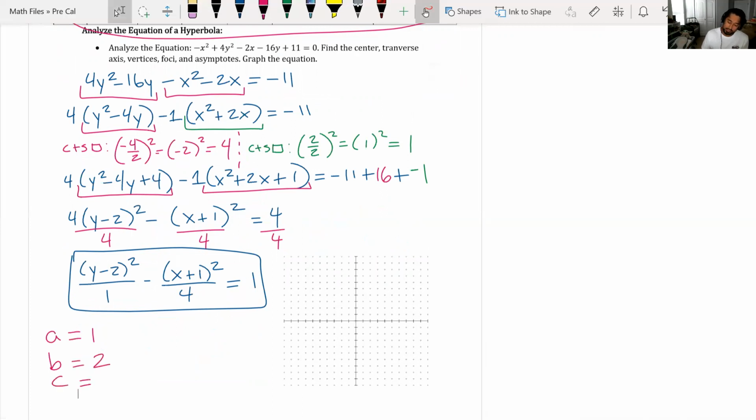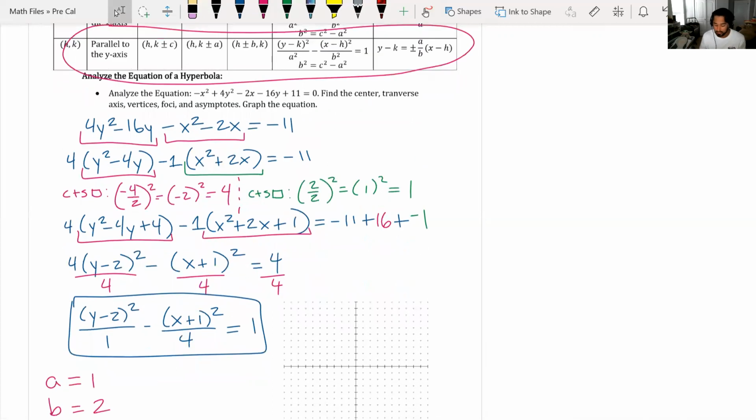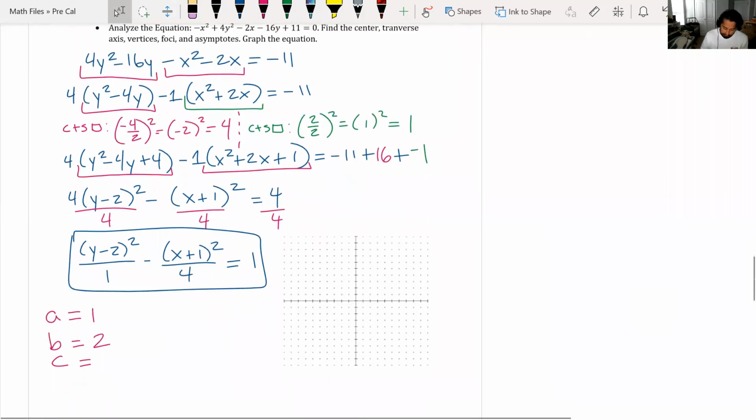We don't know C, so we will use that formula again, B squared equals C squared minus A squared. If you rearrange it for C, then just add that A over. So C squared equals B squared plus A squared.